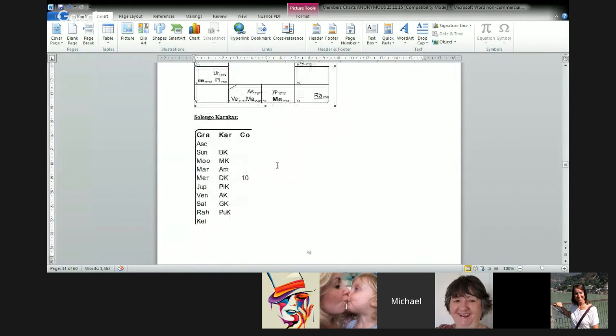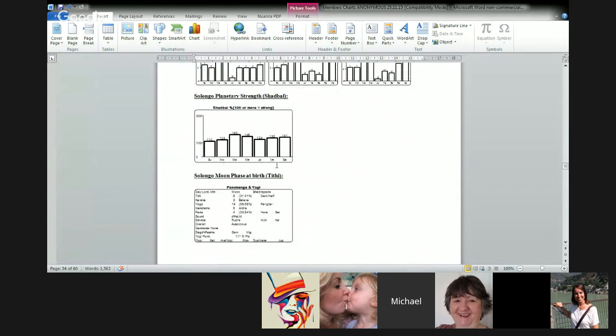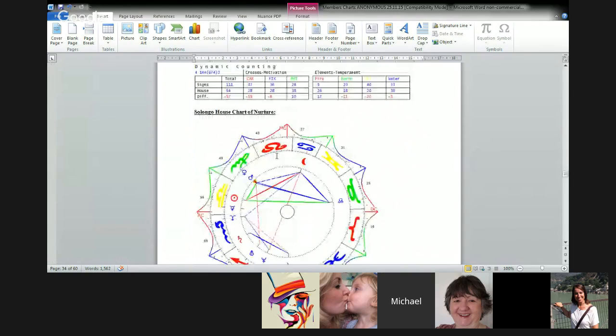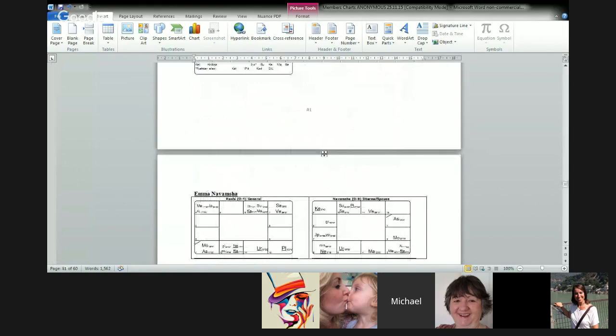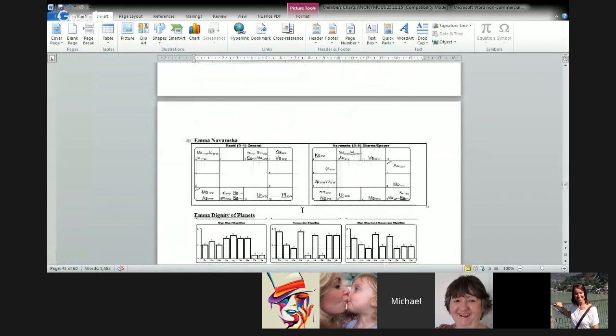And so we have Emma, and Emma's Navamsha. So her Navamsha ascendant is in Cancer, ruled by the Moon.